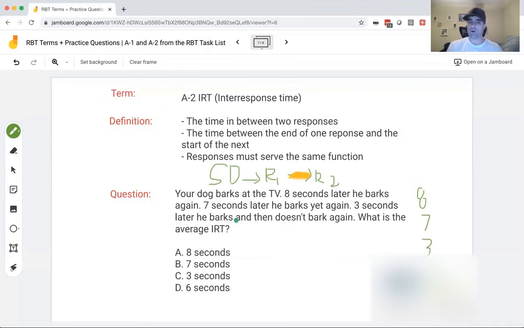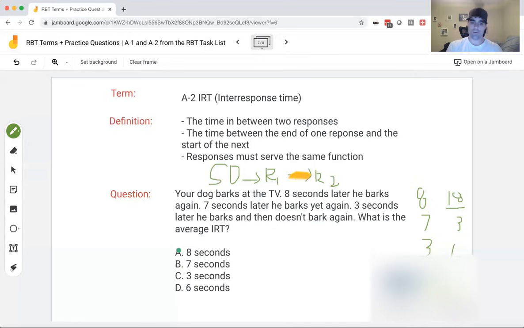So what is our average IRT? Well, you would add up all your IRTs. You would get 18, okay? Divide it by the total number of IRTs, and you would get 6. Okay, your average IRT, the average time in between barking, the average time in between two responses is 6.